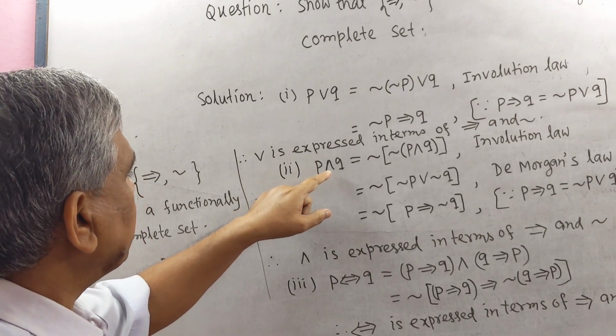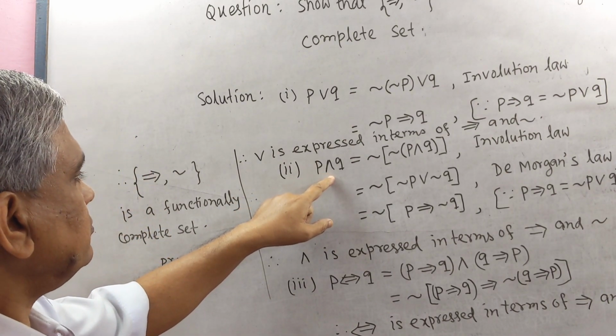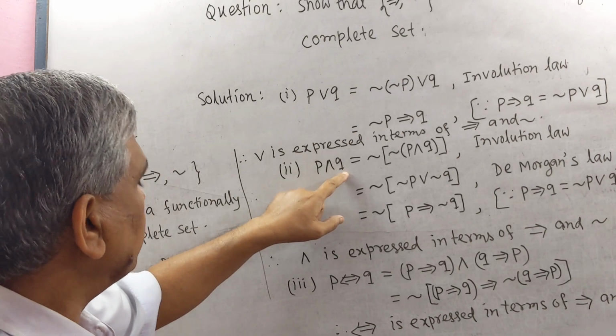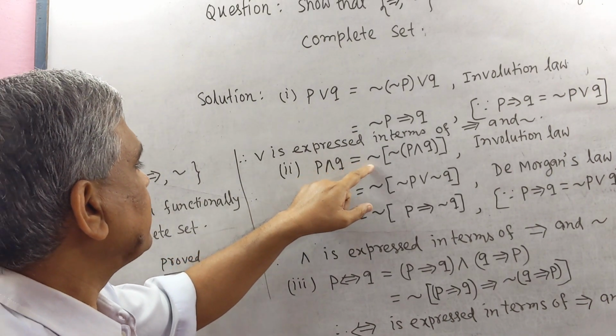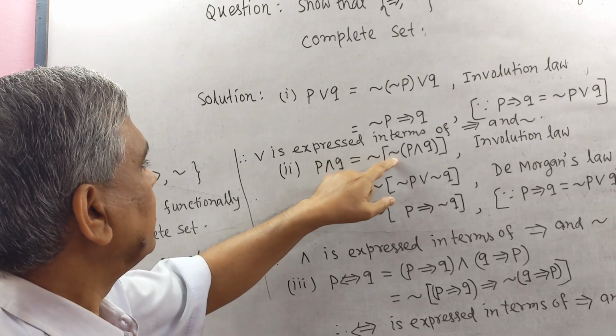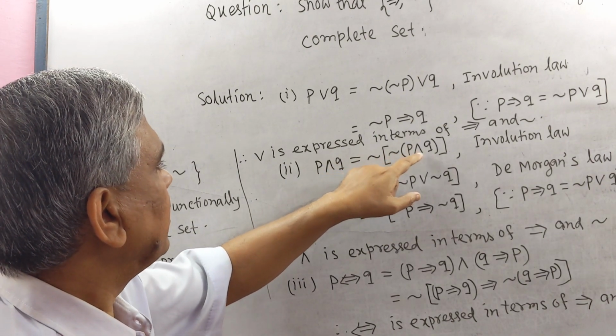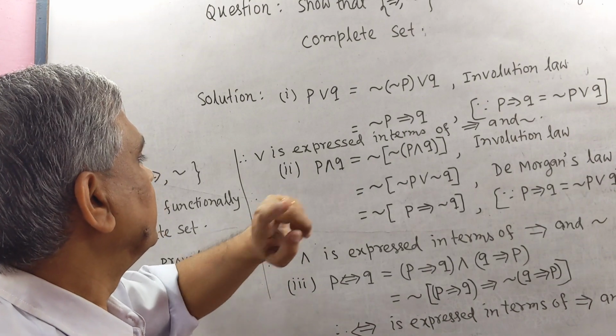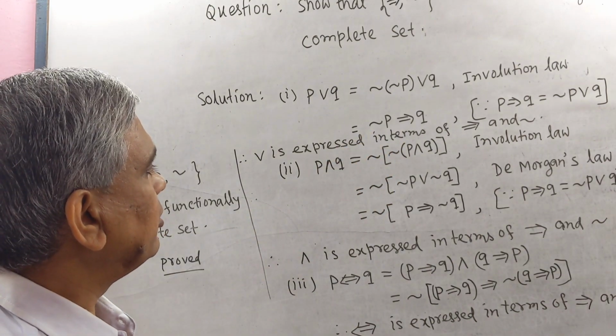Next we take conjunction. P conjunction Q is negation of negation of P conjunction Q; the negations cancel each other. This is according to the involution law.